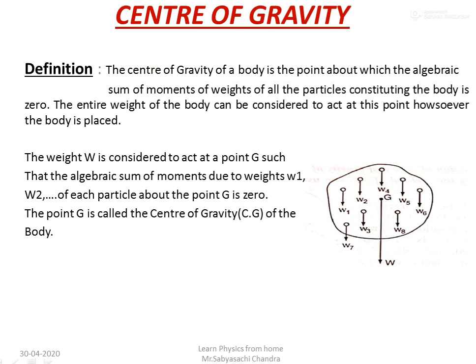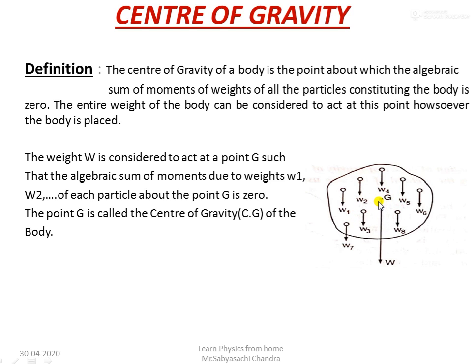Now the question arises, where should the weight W act? That means we have to find the position of the point G such that the algebraic sum of the moments due to W1, W2, and all these parts will be 0.